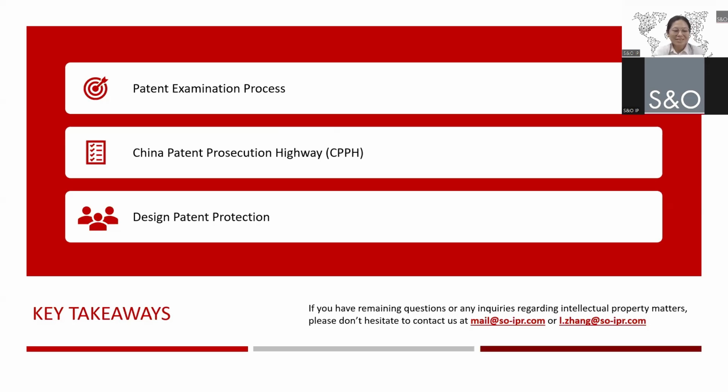Oh, this is a good question. According to the data from the patent office, the traditional examination process for Chinese invention patents was about 2 years, while in the PPH programs, applicants can request an accelerated review by the subsequent patent office after receiving a positive examination result from the first patent office.